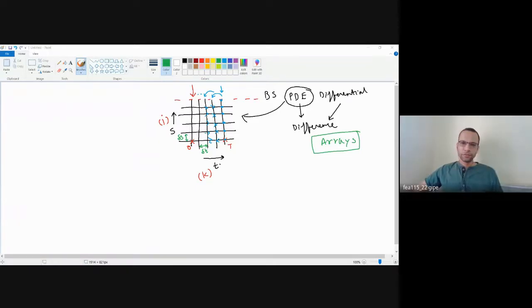Okay, understood. So just to give you an idea of arrays, you can imagine an array is a collection of data points. So why do I require a collection of data points? Because let's say I'm working on this last time step.